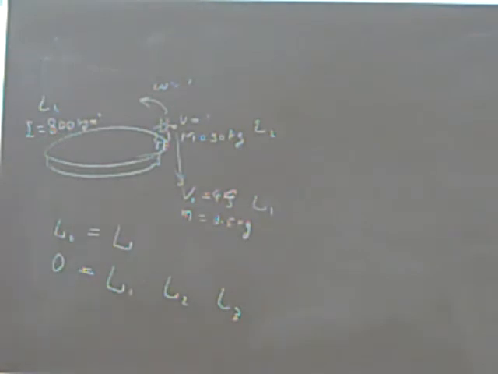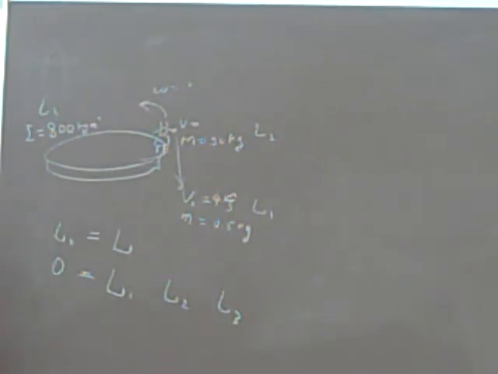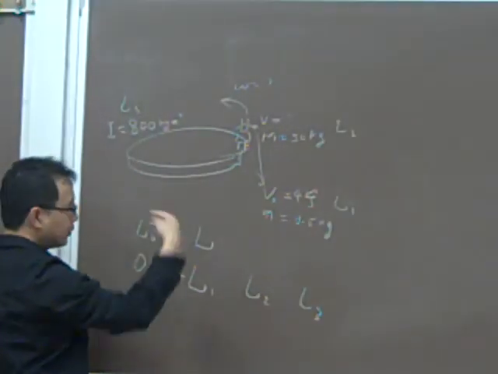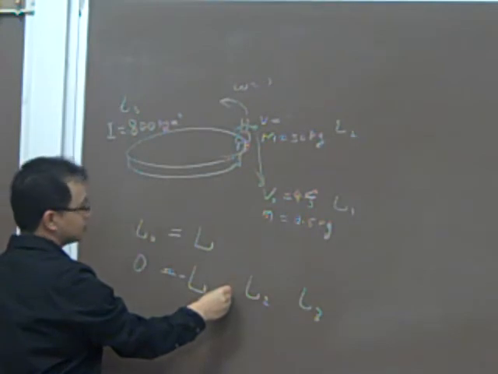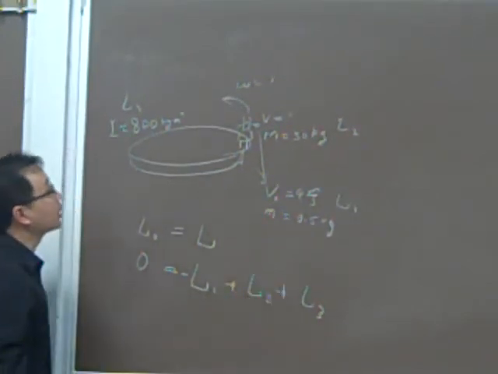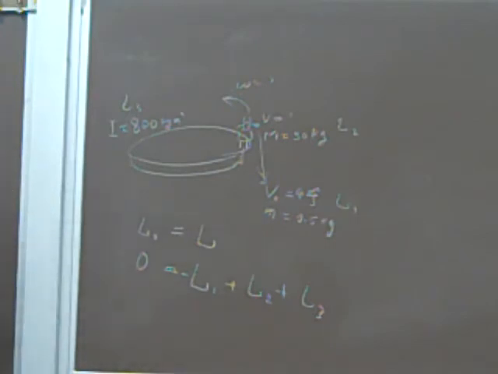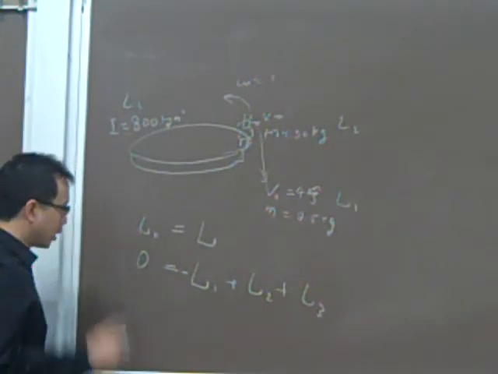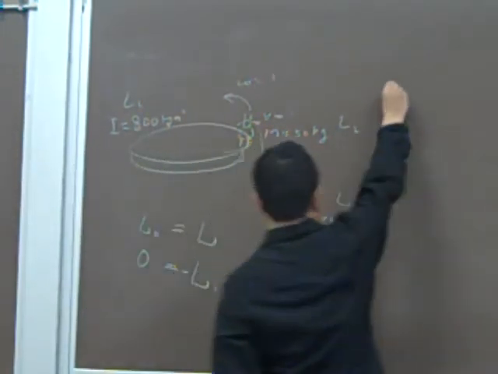Now we need to determine the positive and negative sign for the 3 terms. How about L1? Negative, clockwise. How about L2? Positive. How about L3? Positive. So that's the equation you are going to use.